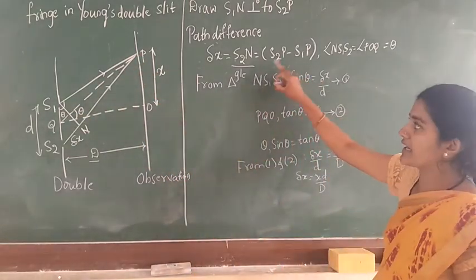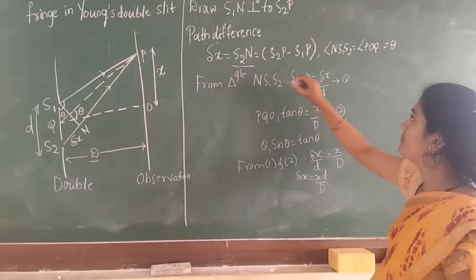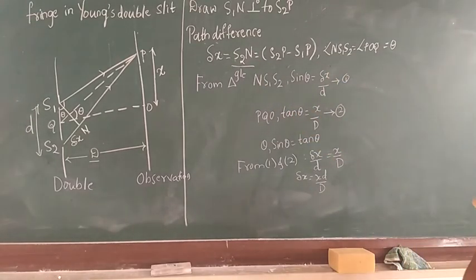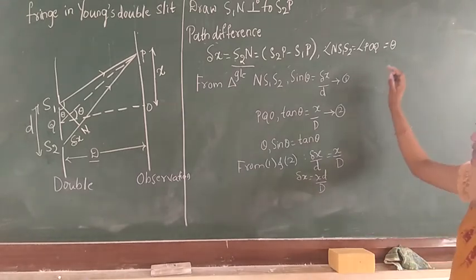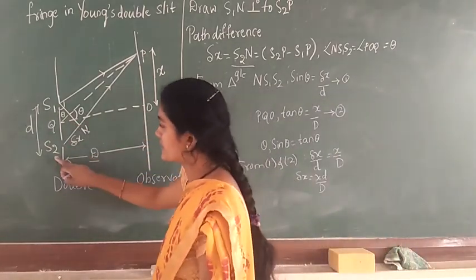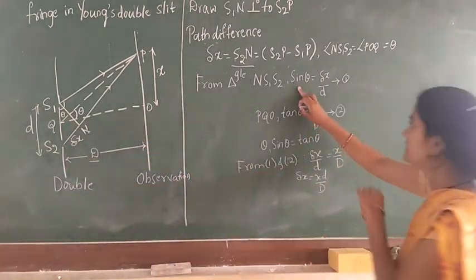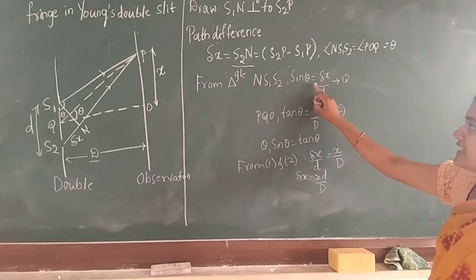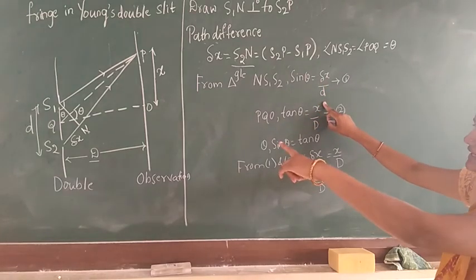Now let us consider the angle NS1S2 is equal to the angle POQ, which is equal to theta. From the triangle NS1S2, sin theta is equal to delta x by d, from the diagram. This is equation 1.